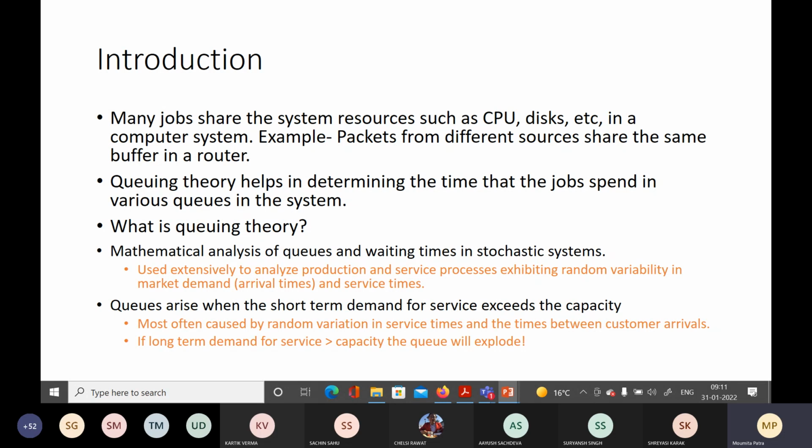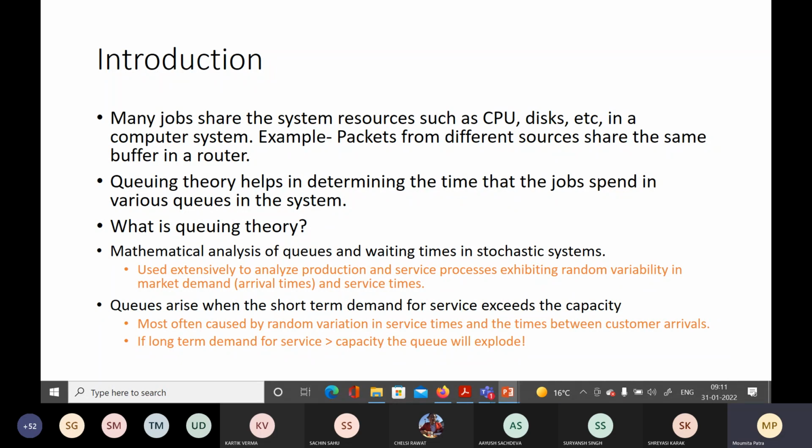Now, why would we need queuing theory? Because it will help in determining how much time a job will spend on average in the queue that you are analyzing. When we use queuing theory, it will help in determining the time that jobs will spend in various queues present in the system.